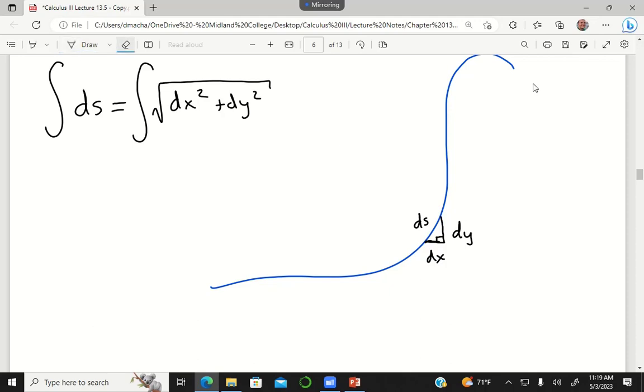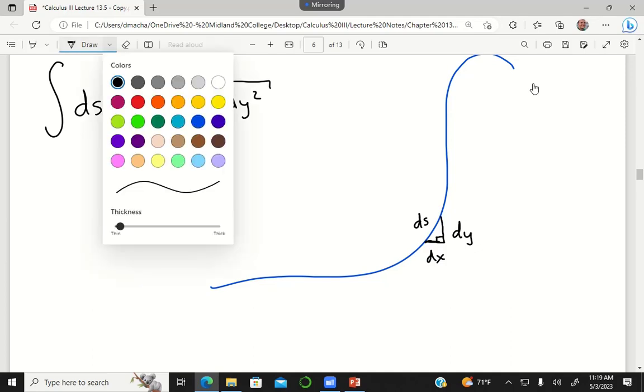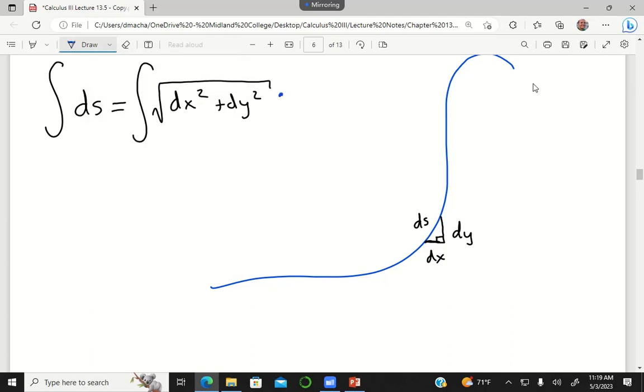The way that we made this into something worth calculating is I said, let's also multiply times dx over dx. And I can do that because it's kind of like a variable. dx over dx should just be 1. And then if I move the 1 over dx inside the radical, inside the square root, I have to square it.